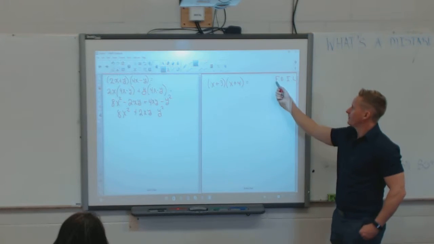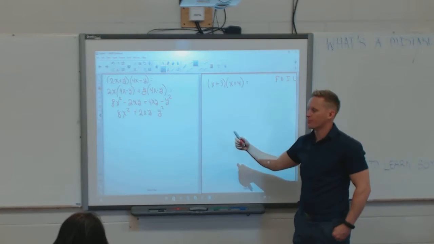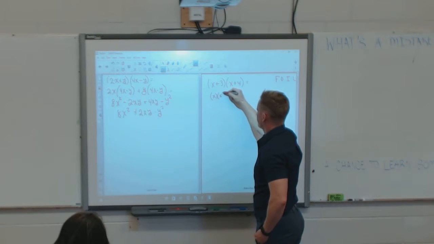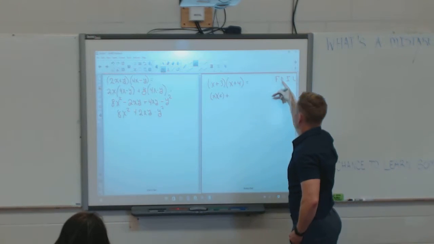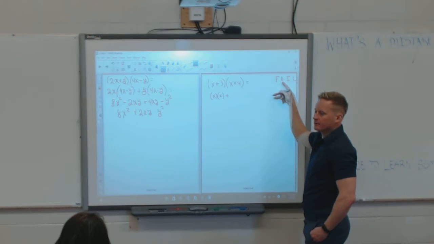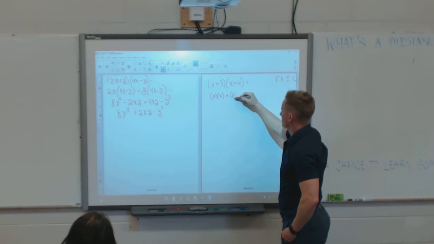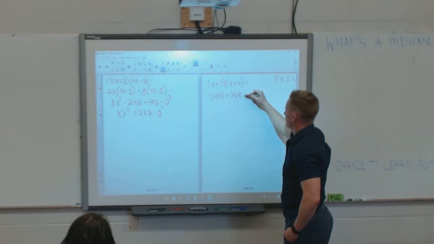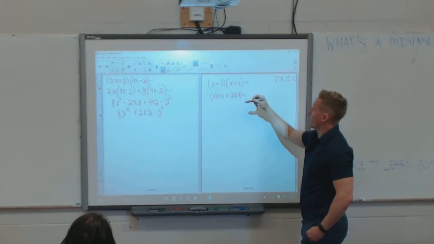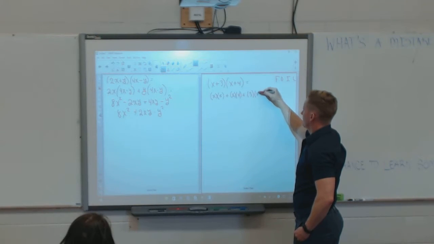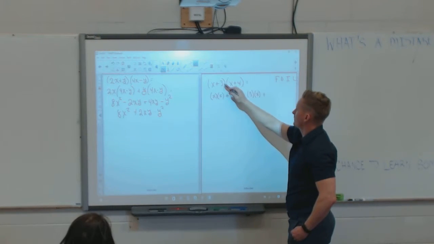First, so the first in each bracket, x times x. The outside in each bracket, x times 4. The inside in each bracket, 3 times x. And the last in each bracket, 3 times 4.